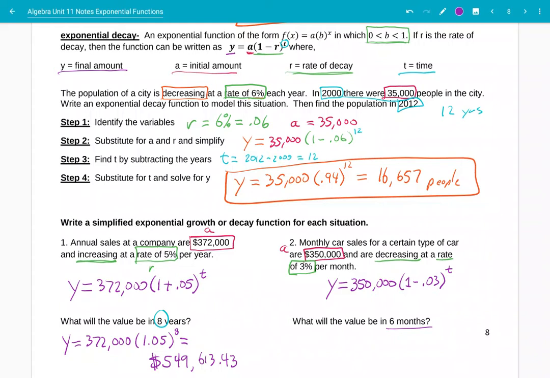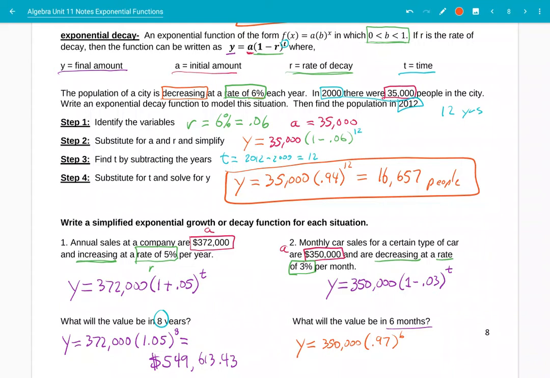So we're going to plug that into our equation and get that value. So Y equals 350,000. 1 minus 0.03 is 0.97, and then raised to the 6th power.